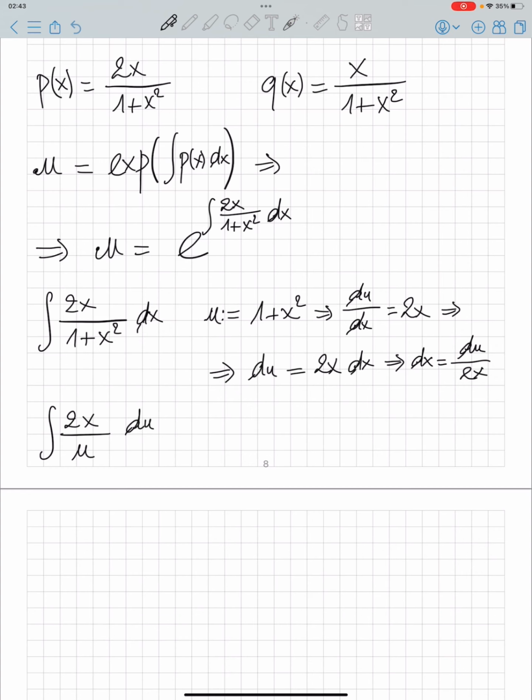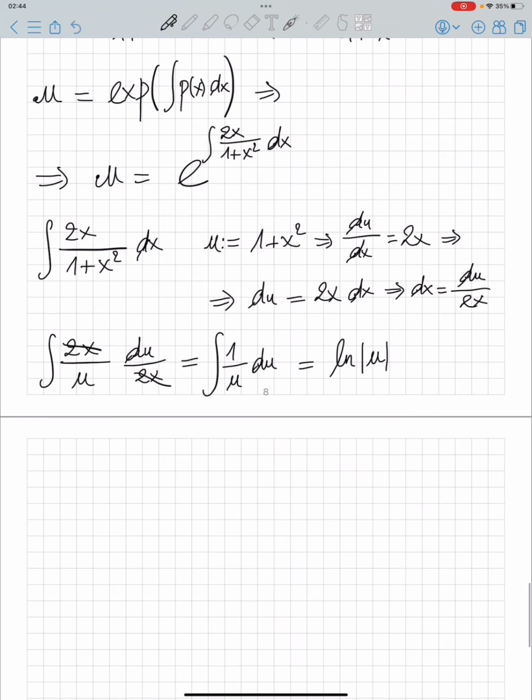So du over 2x. Now we can clearly see that they cancel out, so this is equal to integration of 1 over u du, which is natural log of absolute value of u, right?